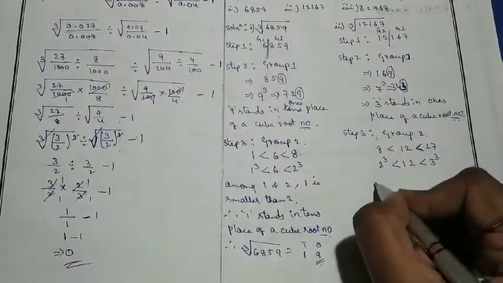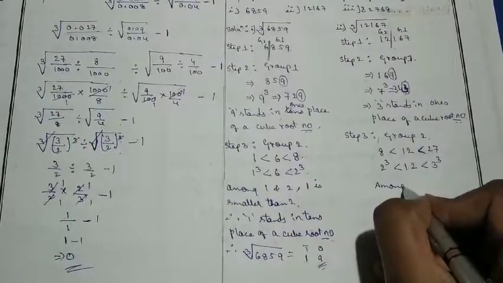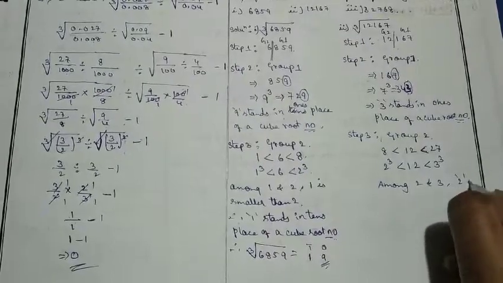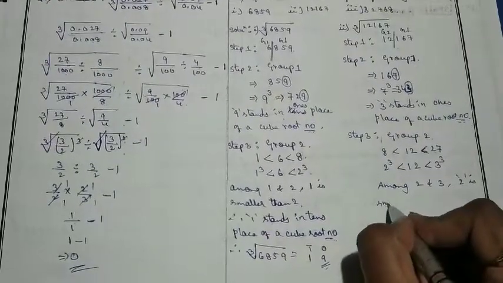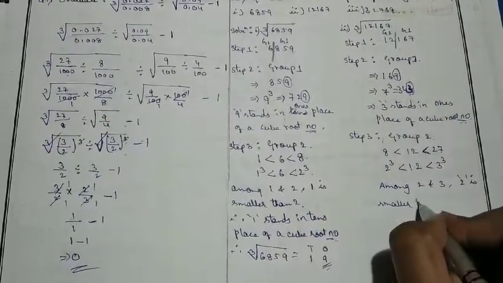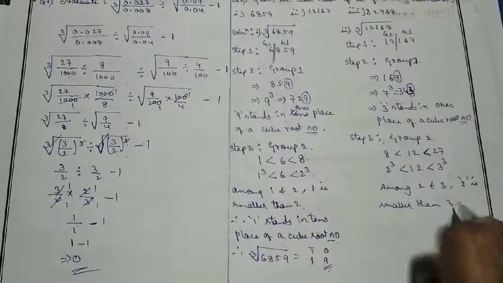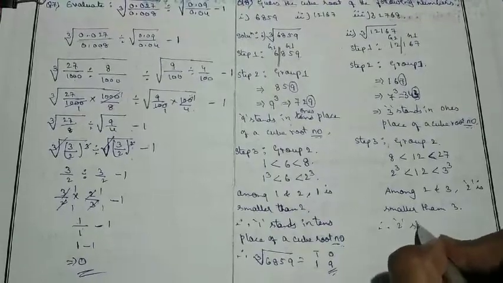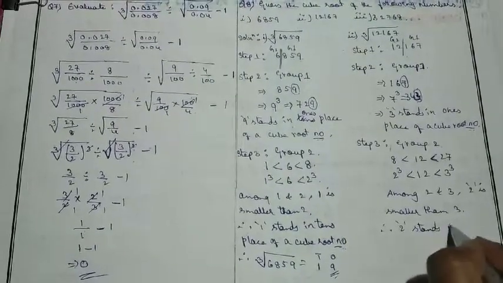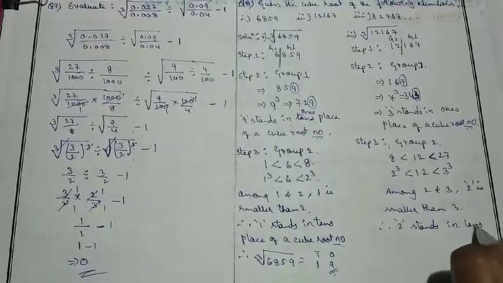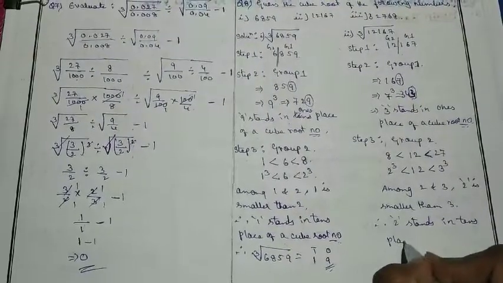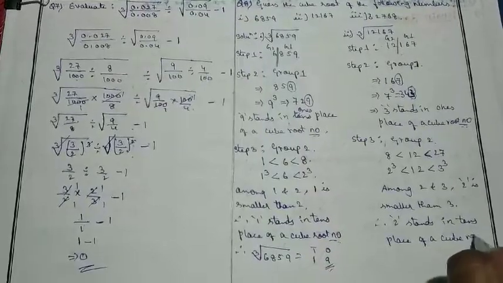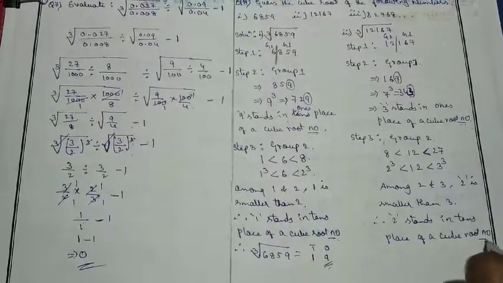So among 2 and 3, which is smaller? 2 is smaller than 3. So we need to consider the smaller number. Therefore 2 stands in the tens place of the cube root number.